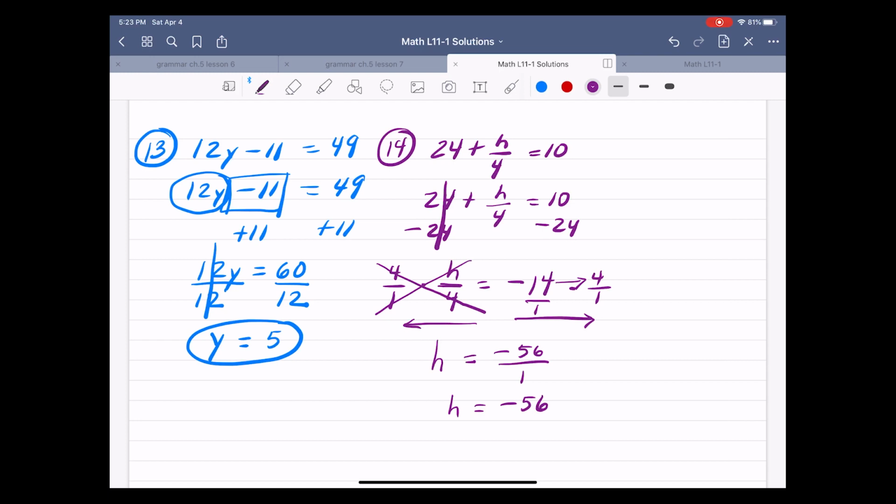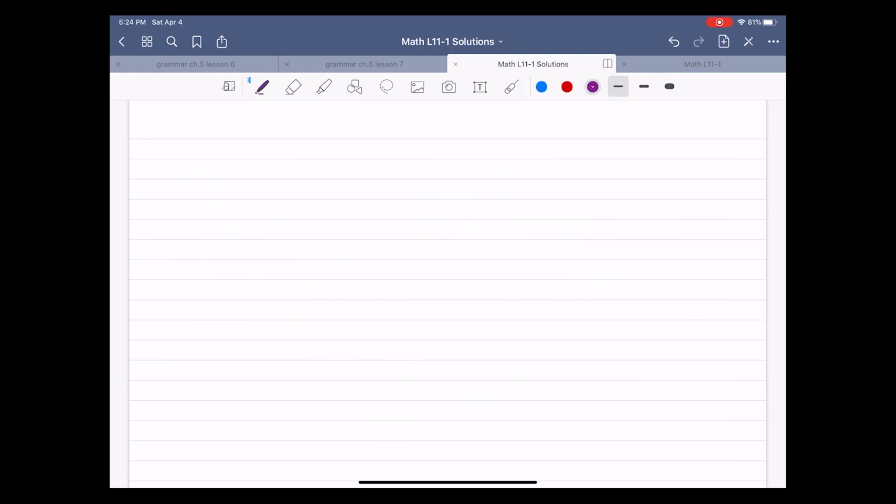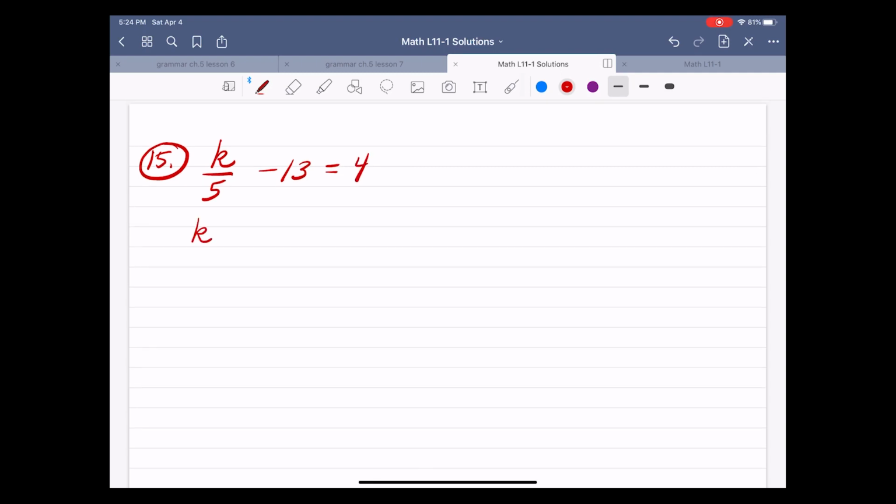Number 15. k over 5 minus 13 equals 4. I'm going to rewrite the problem. k over 5 minus 13 equals 4.